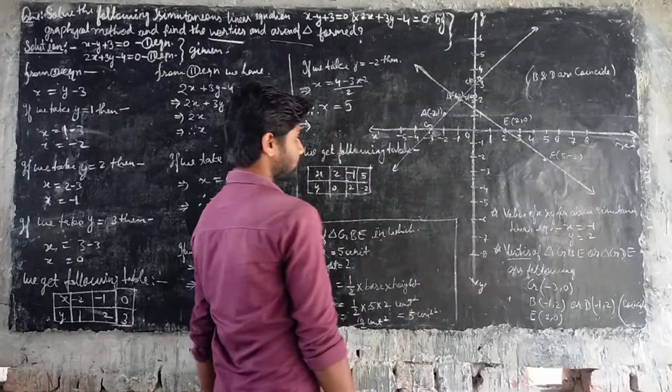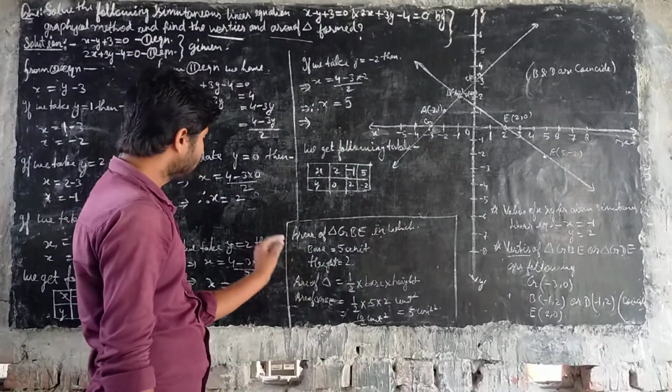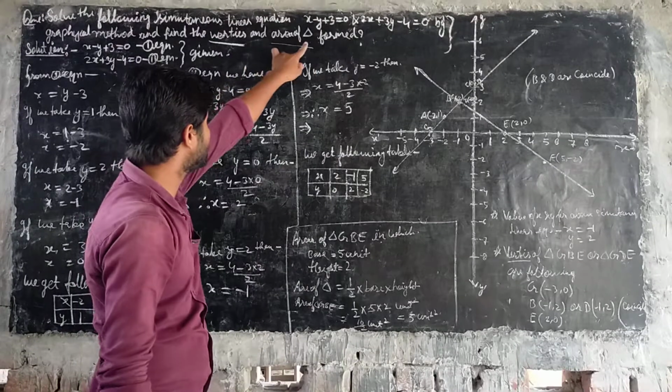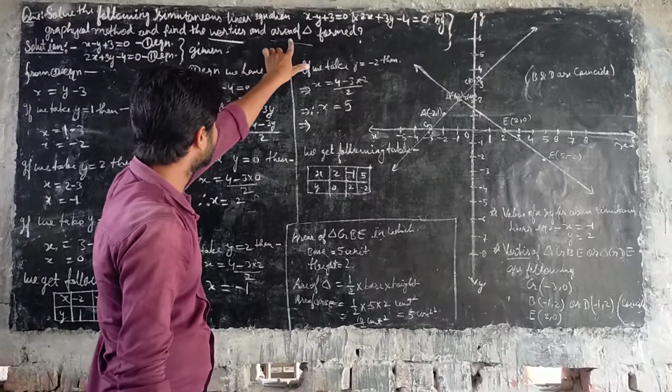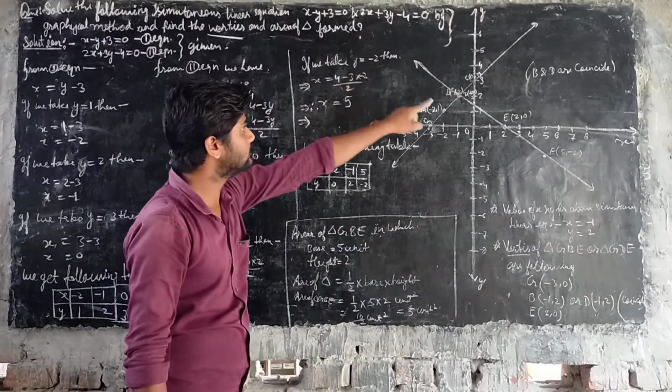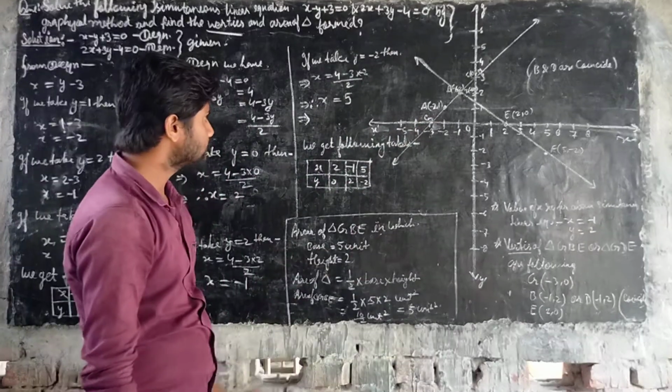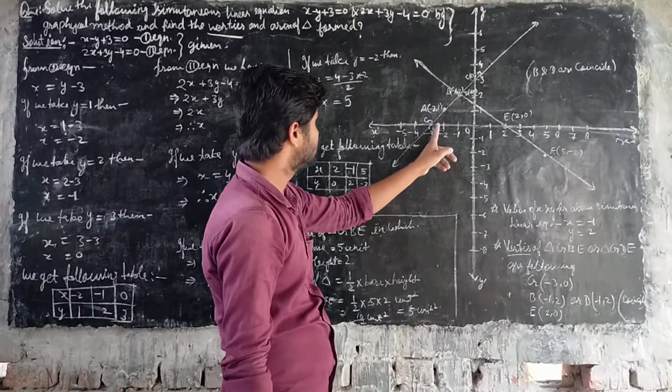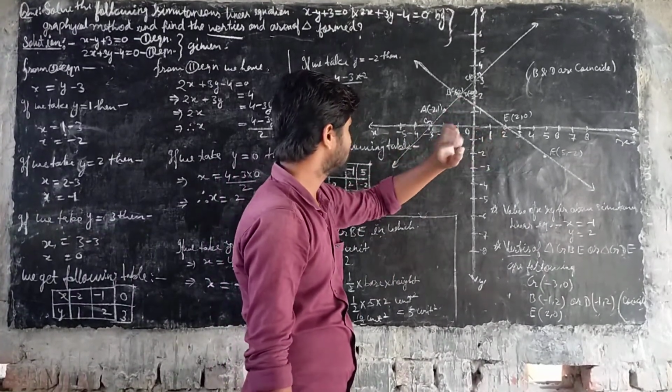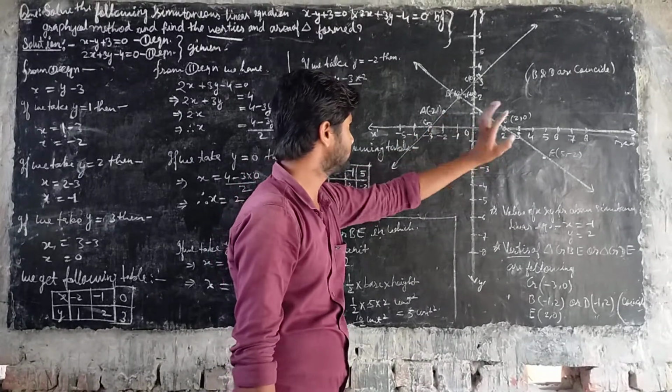In the last step, according to the question, we have to find the area of the triangle formed by the lines. Here we get the triangle GBE or GDE.